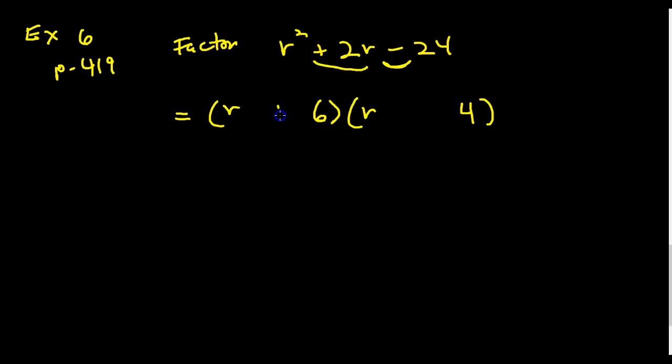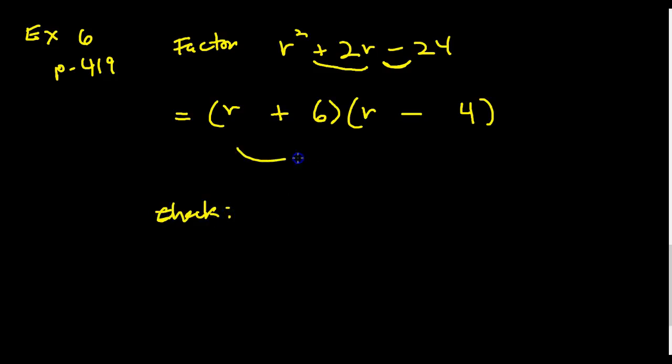So if I tag a plus sign on the 6 and a minus sign on the 4, the outer product and inner product is going to be 6r minus 4r, and indeed will add up to a plus 2r. And notice the different signs here in these last terms. Plus 6 minus 4 does indeed multiply to minus 24. So I think we're done here. This is our final answer. Let me check.